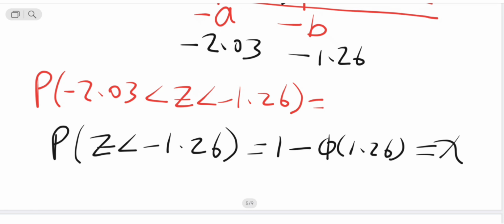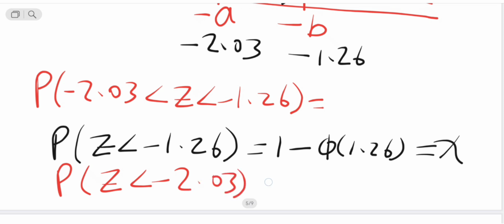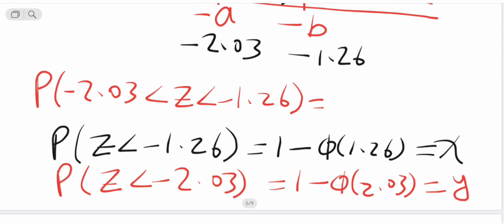The second thing, probability z less than minus 2.03. Also, because it is less than and negative, you will subtract: 1 minus 2.03, that is equal to y. So you check 2.03 in the table of z and subtract from 1, that is y.